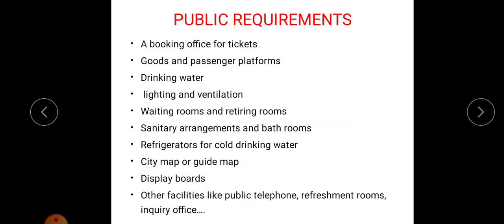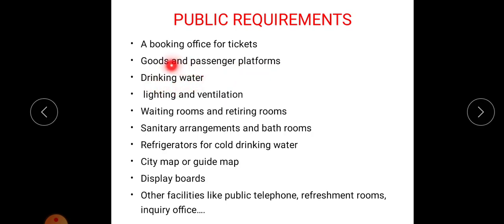First one, public requirement. The railway station should provide all the facilities required by the public. What are our basic requirements in a railway station? There should be a booking office for tickets, and also goods and passenger platforms.